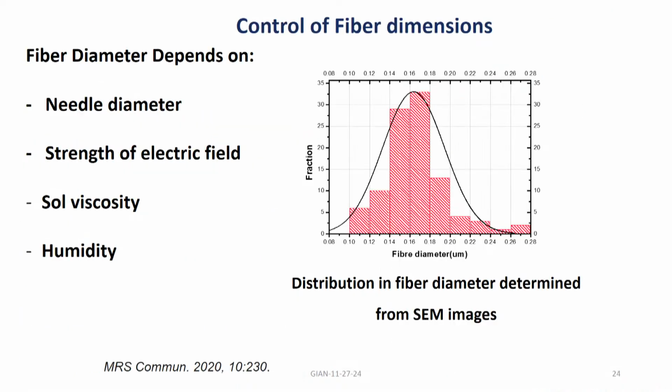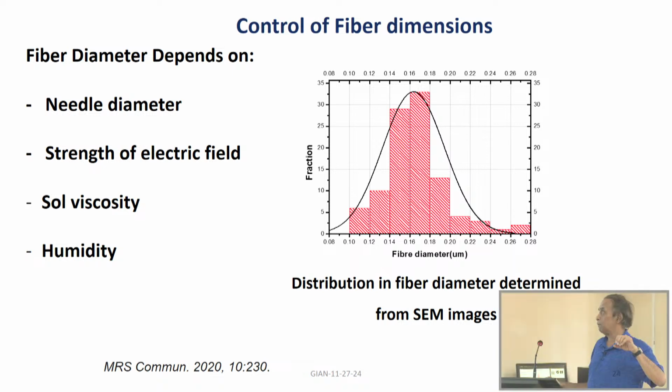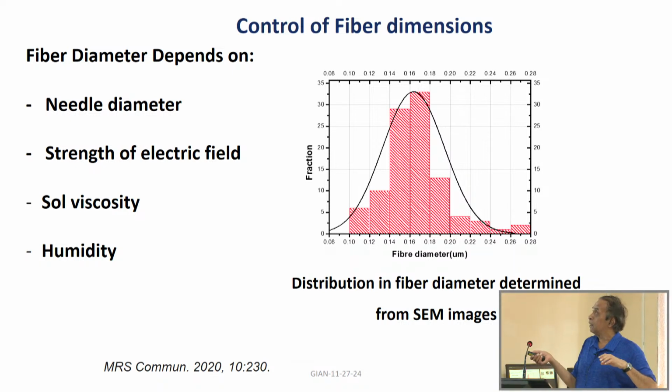So how do you control the dimension of the fiber? There are many ways to do it. One is you can choose needles of different diameter, with the core diameter and shell thickness that you want. Then you can always play around with the electric field that you apply during electrospinning.